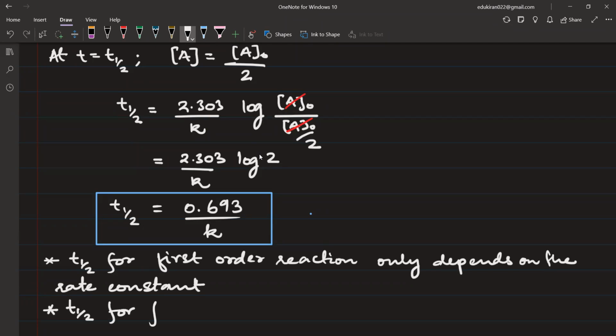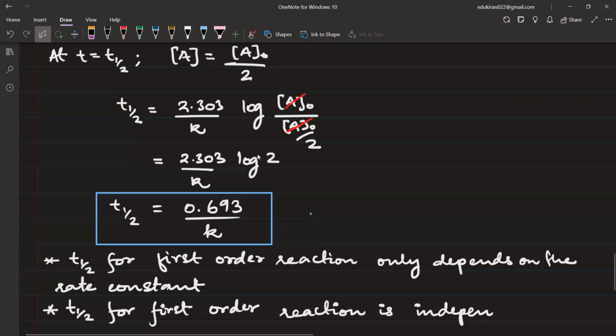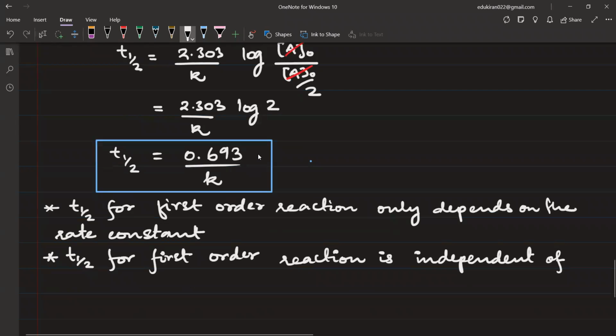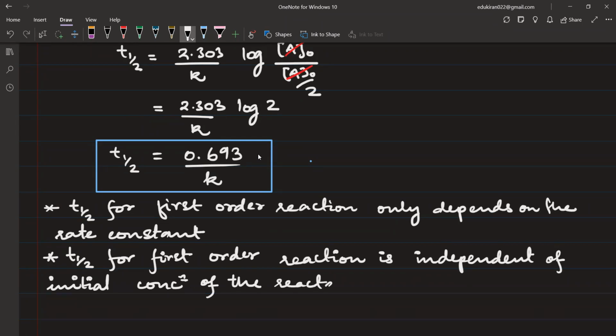T half for first order reaction is independent of initial concentration of the reactant. Okay.